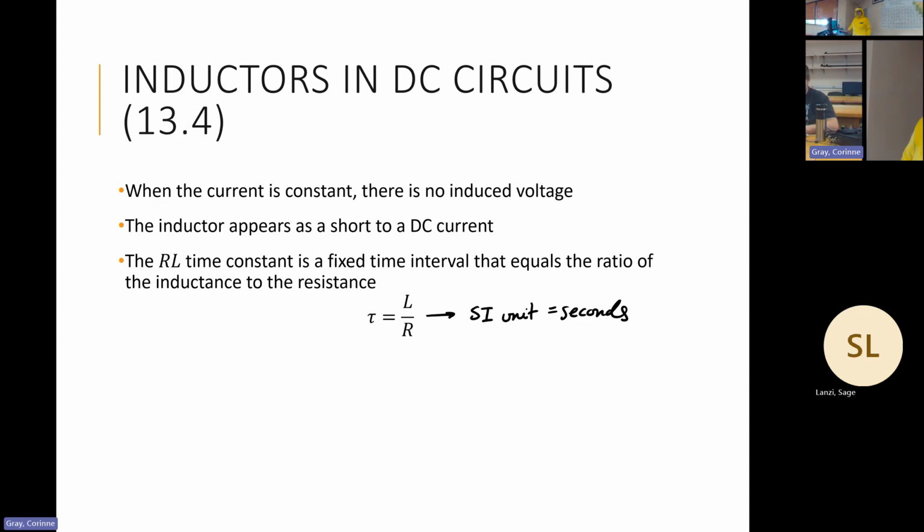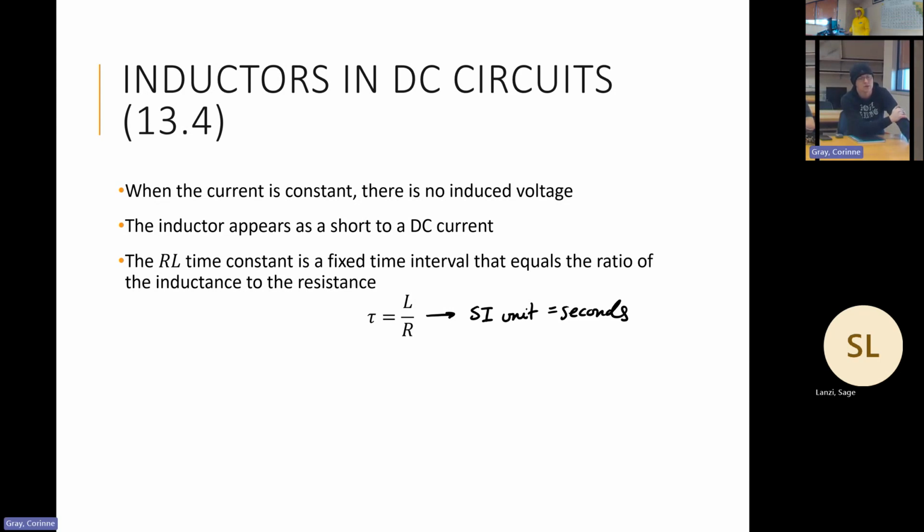Why else might we want this? It's so some equations look the same regardless of what type of circuit that we have, and we'll show that on the next slide.